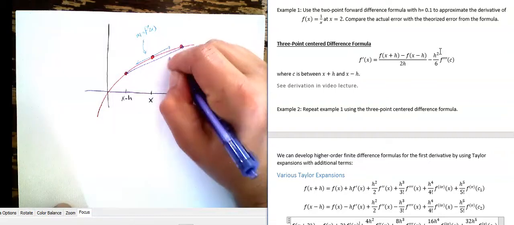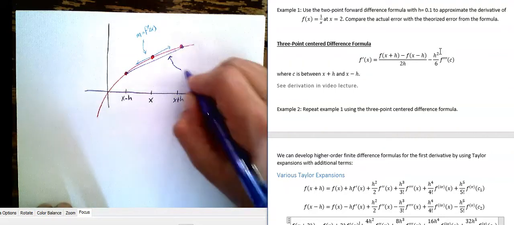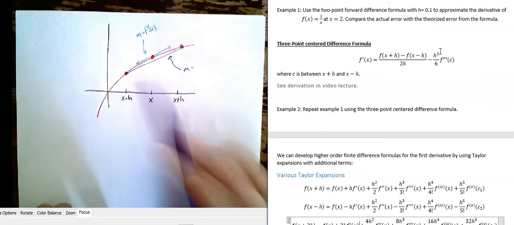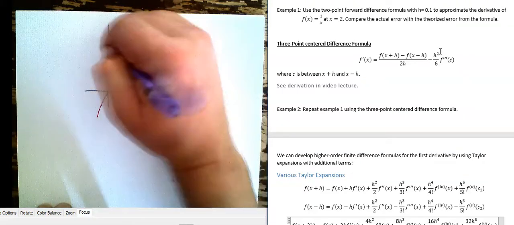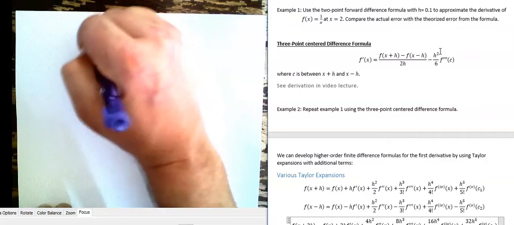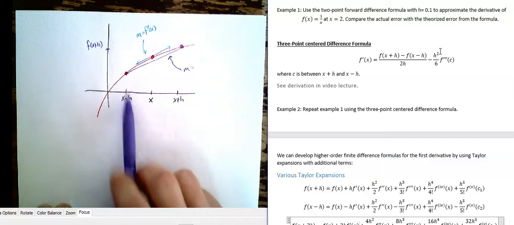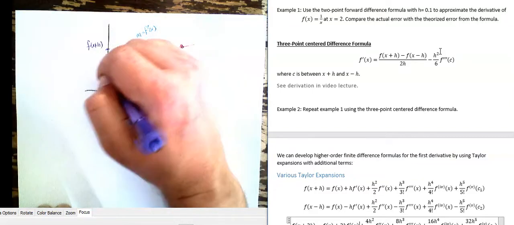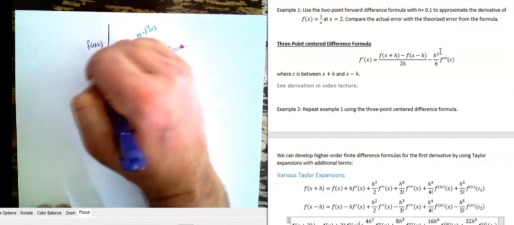So what is the slope of that purple line there? Well, m would be equal to y2 minus y1. Well, y2 is f of x plus h, and y1 would be f of x minus h.